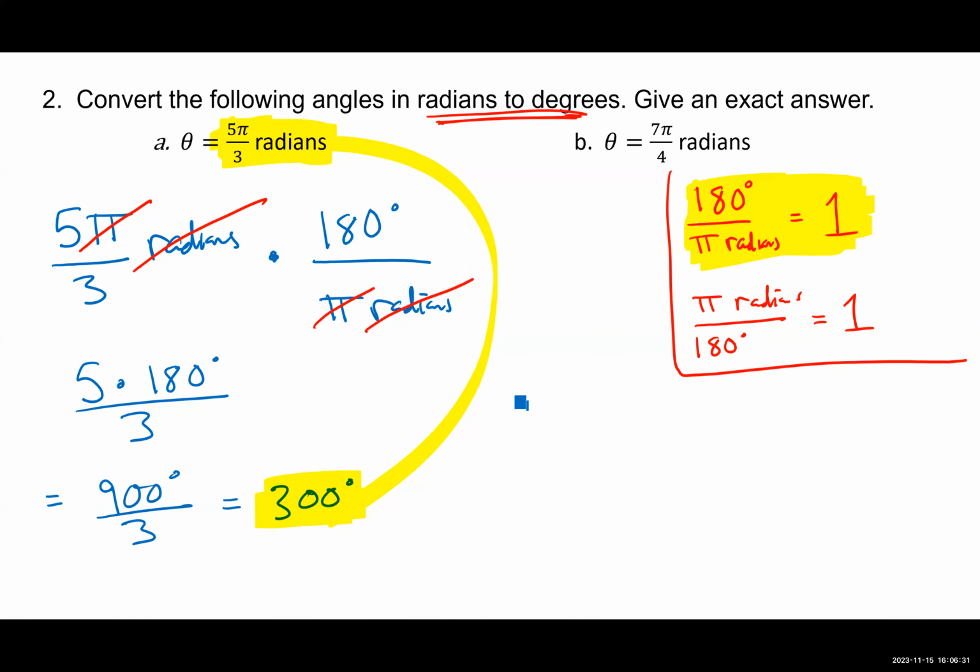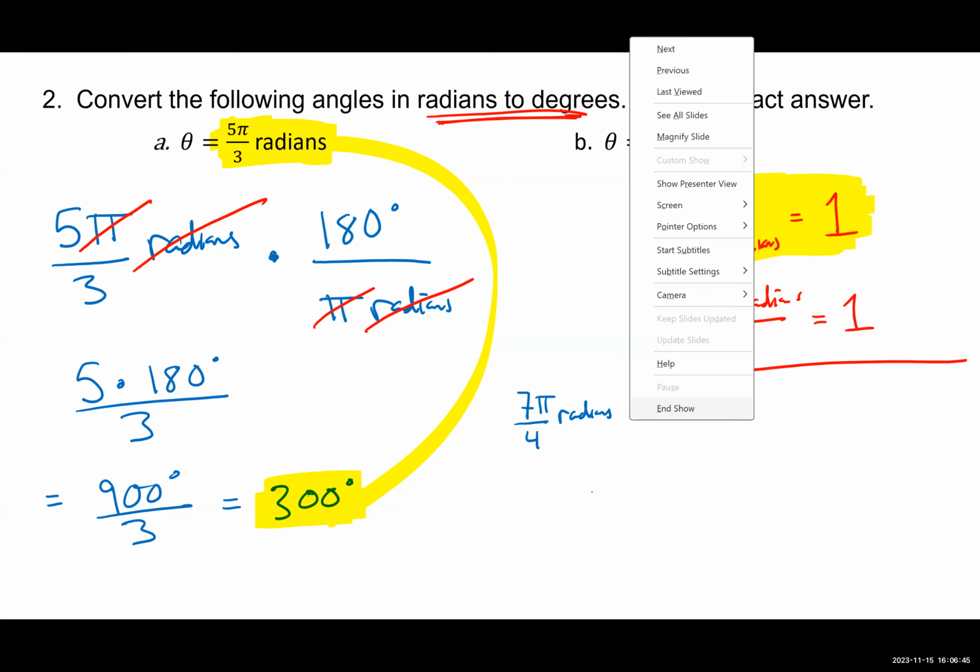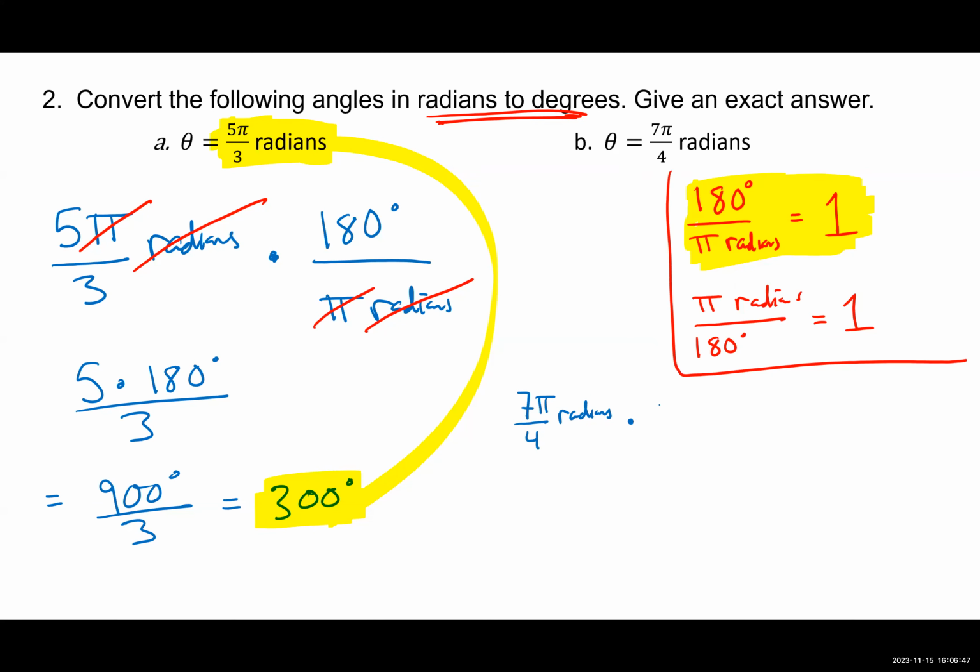So we could do the same thing with, oh, meant to do a pi. 7 pi over 4 radians. Multiply that by 180 degrees over pi radians.